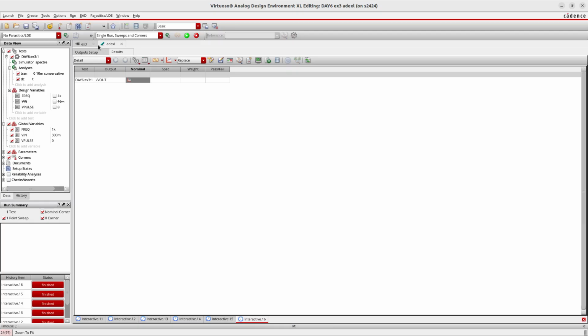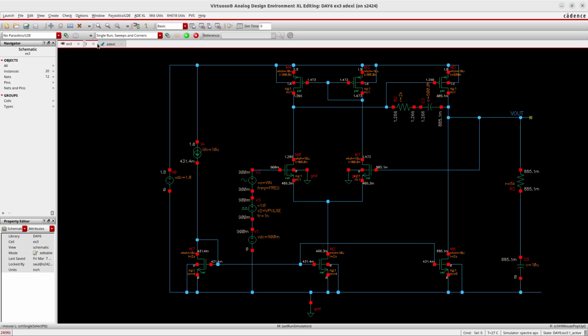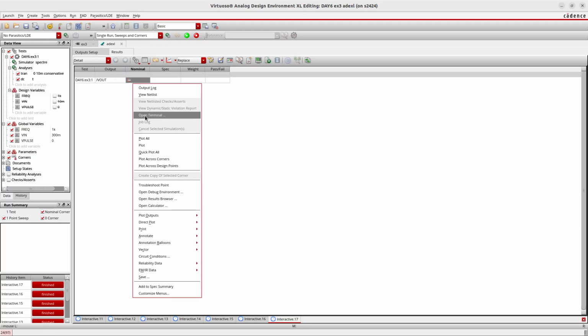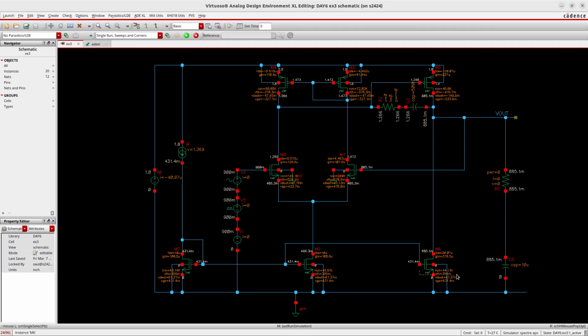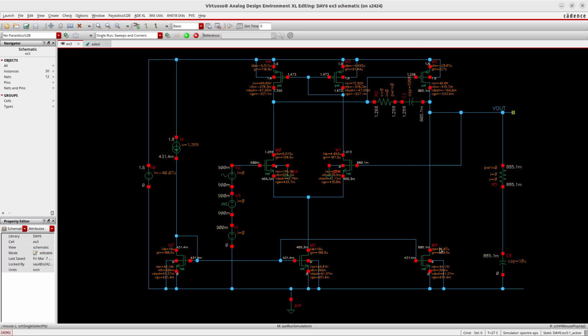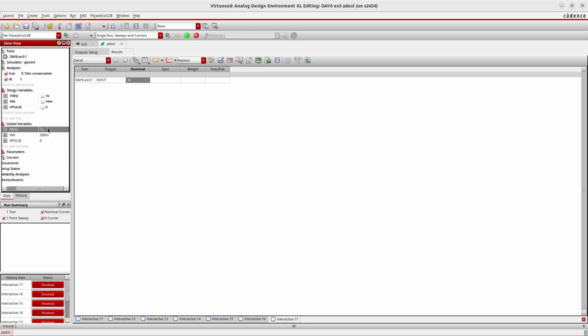So let's run a very quick simulation, and then we annotate the DC voltages, and then annotate also the operating points. So I annotate the operating points, and we see we have 20 microamps as we expected. Then let's take a look at the transient results. As I mentioned, I put a 300 millivolt input signal at 1 kilohertz. So let's take a look at what happened at the output.